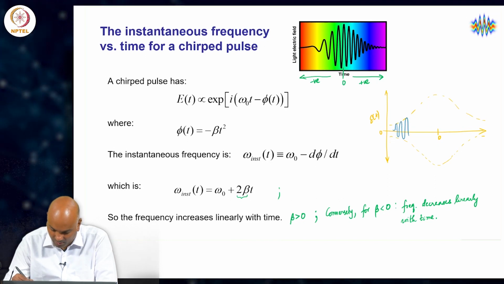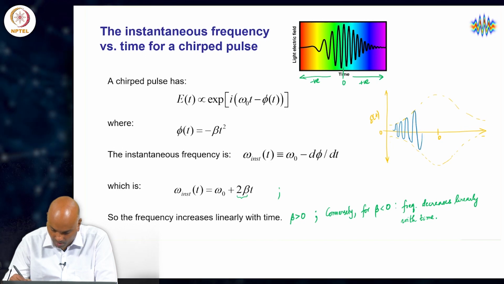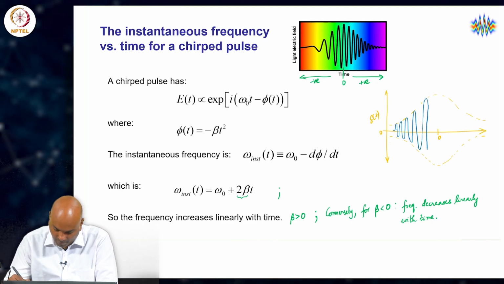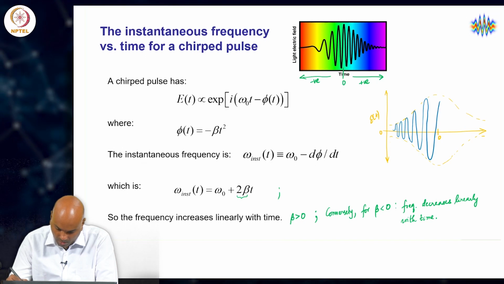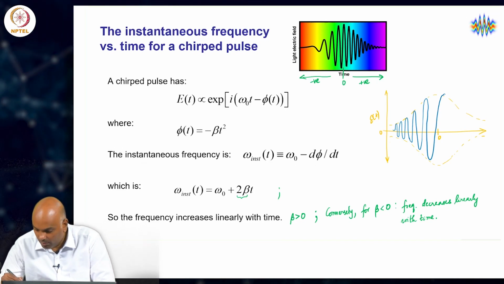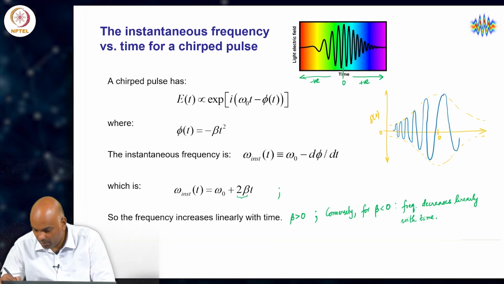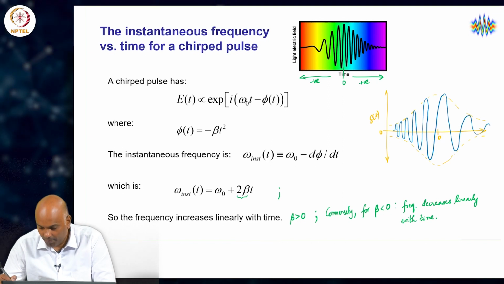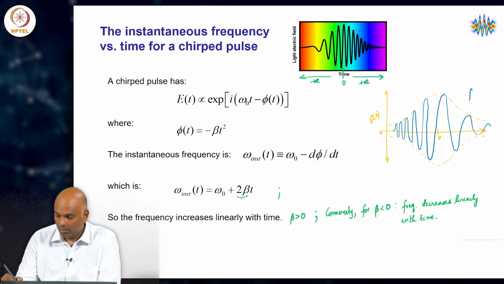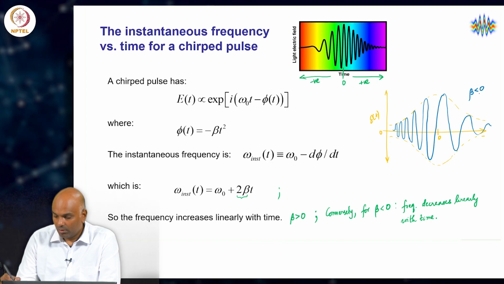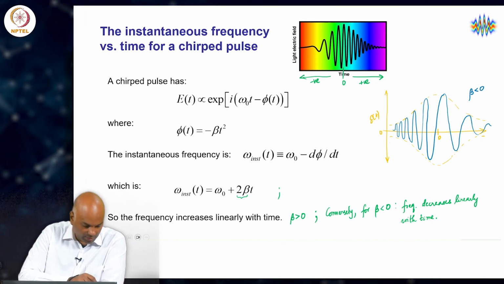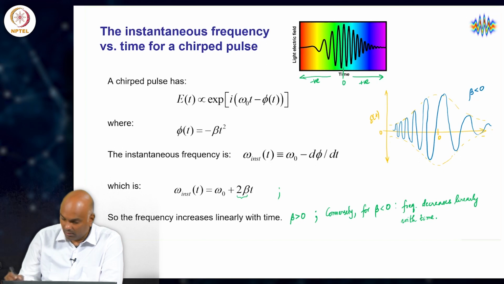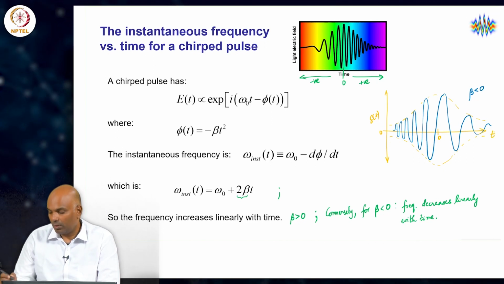Let me give it another try. Doing better this time, I suppose. This would be a beta less than 0. Of course, the horizontal axis is time.